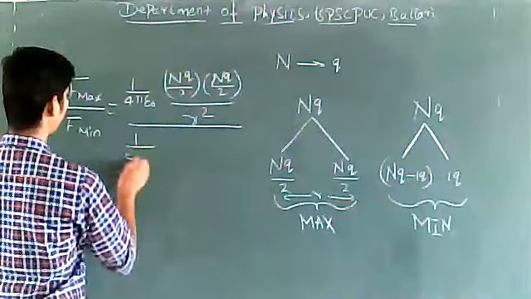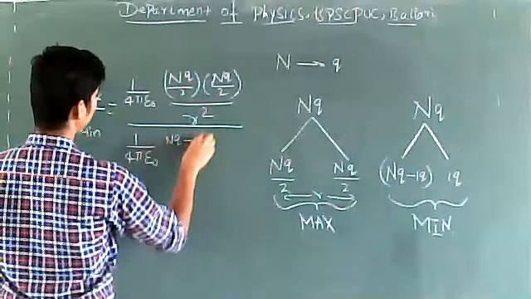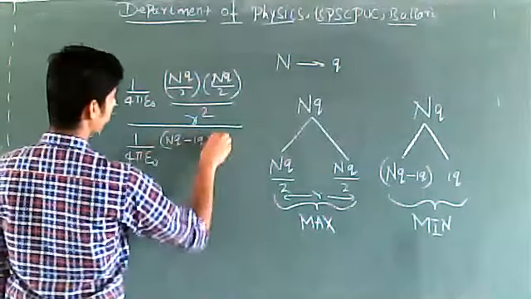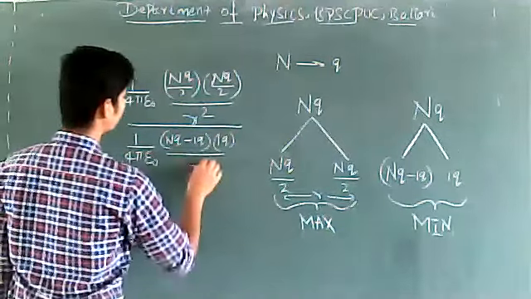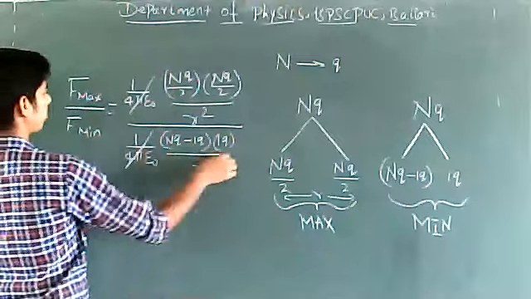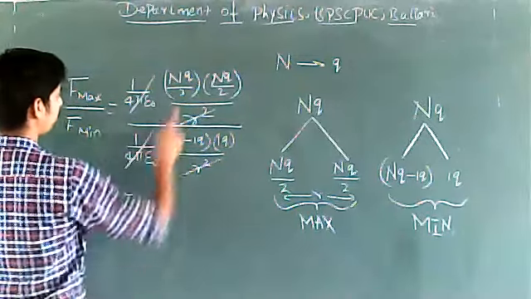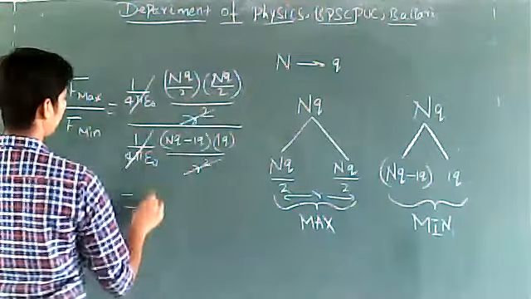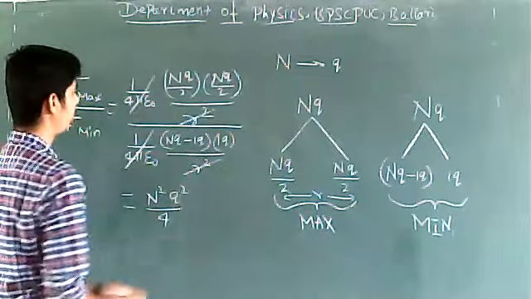So 1 by 4 pi epsilon naught, nq minus 1q into 1q, Q1 into Q2 divided by R square. The 1 by 4 pi epsilon naught and R square get cancelled out. We will be left with n square q square divided by 4 in the numerator.